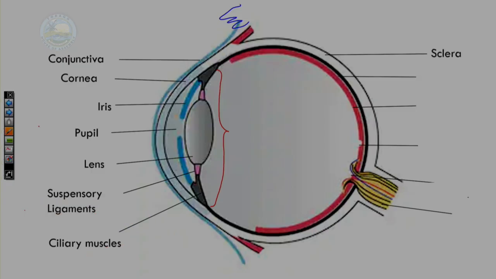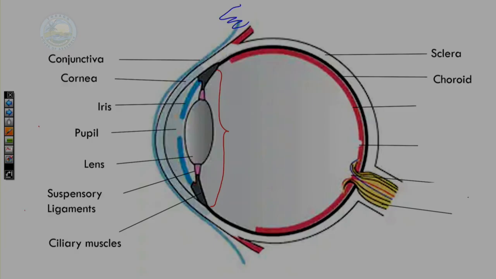Okay, so let us look at the back of the eye and more of the internal structures. We have this white layer that covers the eye, which is the white of the eye that you normally see. It's called the sclera, and it has a protective function. It is a very tough structure that protects the internal structures of the eye. Then we have the choroid.